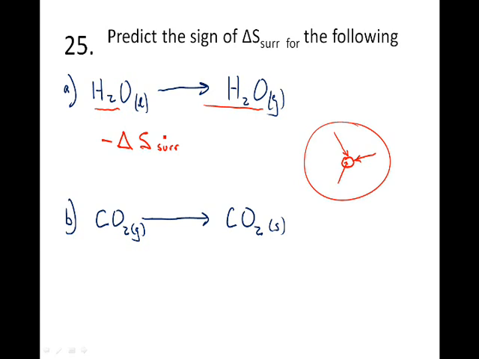Now, if we don't tell you which we're looking at, if we don't say this is the change in entropy of the surrounding, just assume that we're talking about the system. But this problem specifies the surrounding. So in part A, the change in entropy of the surrounding is negative.